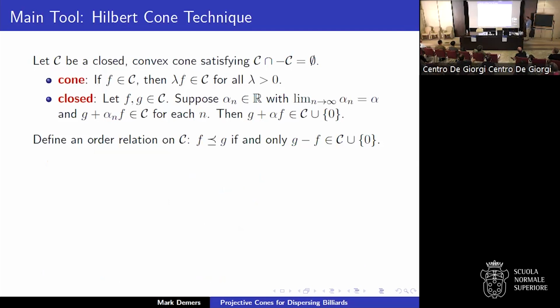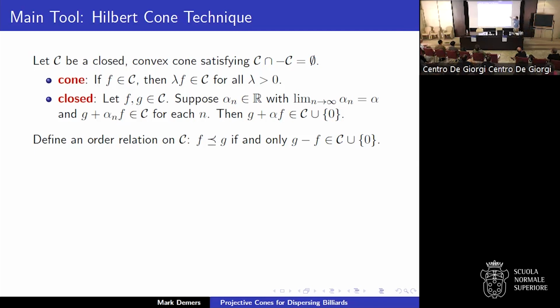Okay, so the main technique I want to talk about is cones. So here, just a general definition of a cone. Basically, you have some set that is closed and convex. I didn't define convex, but you know what convex is.